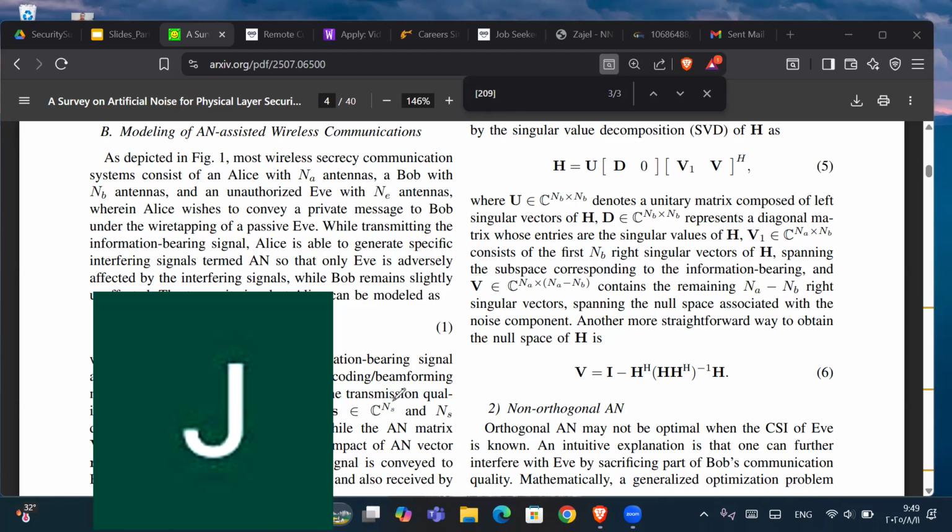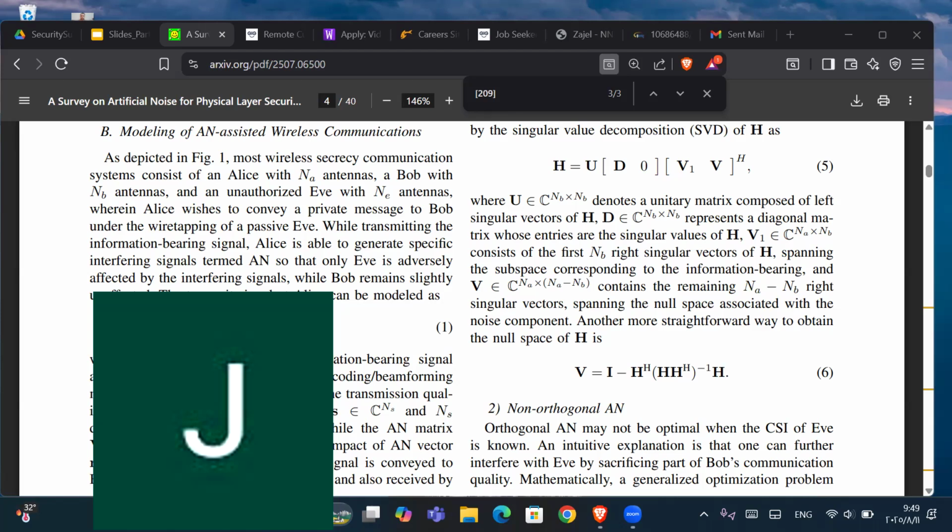In practice, the precoding beamforming matrix W, this is beamforming precoding, has dimension NA by NS. NA is the number of antennas at Alice. And NS is the number of symbols inside the information vector that I want to send, which can be 2, 3, 4, whatever.